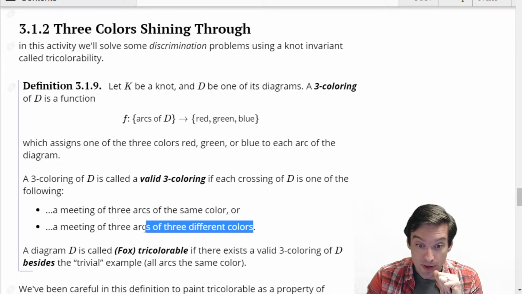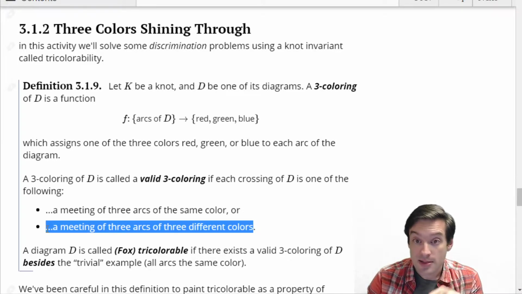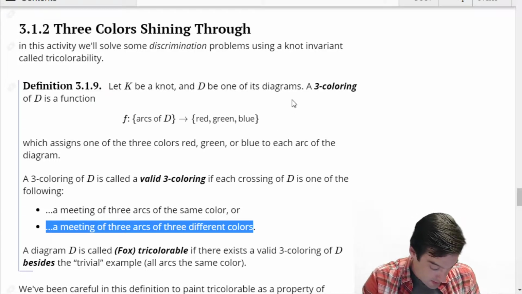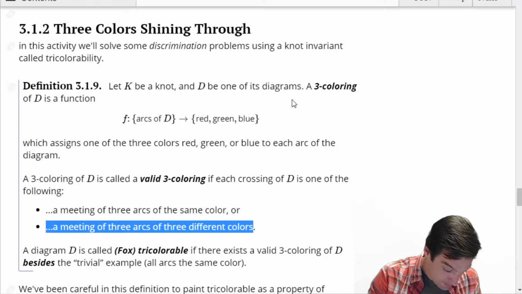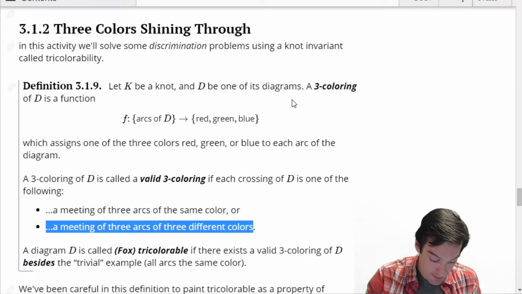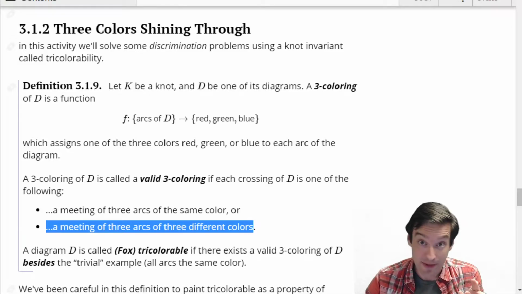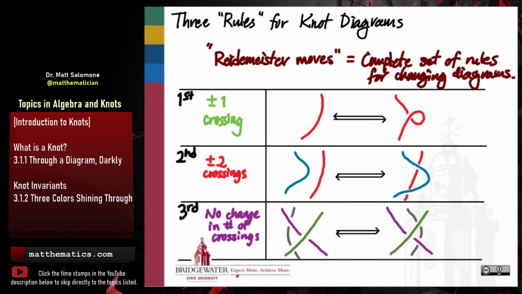The other possibility is that all three of the arcs that meet at that crossing have three different colors. Let me see if I can find an example of that. Actually, it looks like I don't have an example of that on my screen. Sometimes it's easier to think about what's not valid. What's not valid in a coloration is a situation where two of my arcs that are incident at a common crossing have a given color, and the third arc has a different color than that.